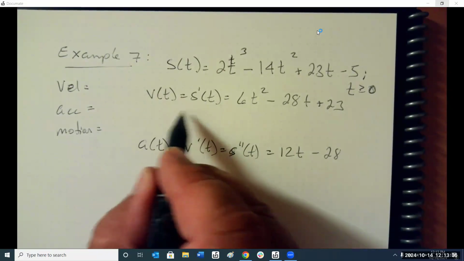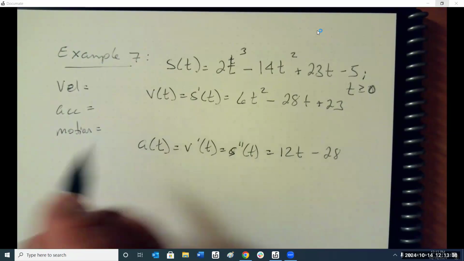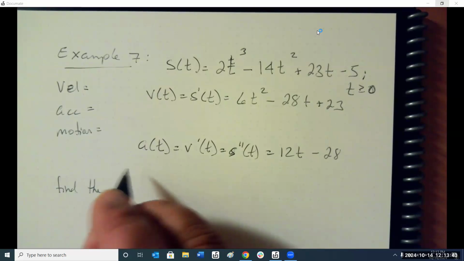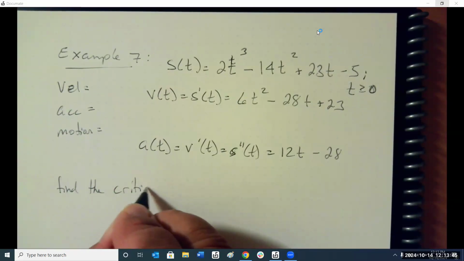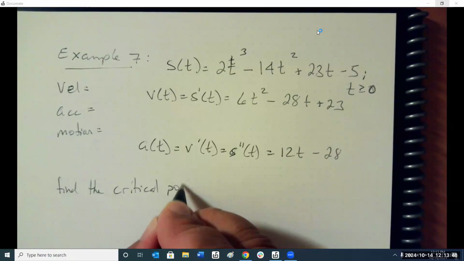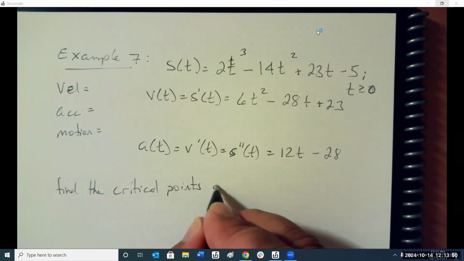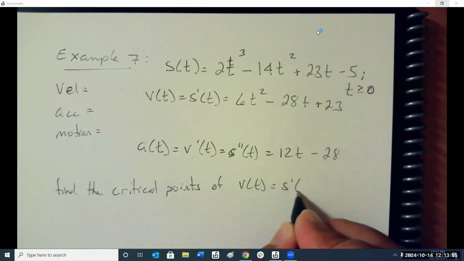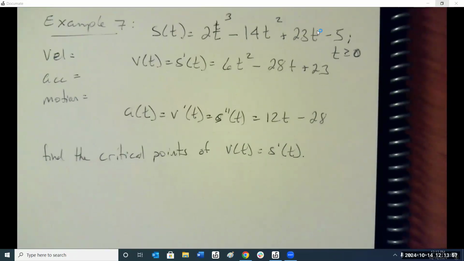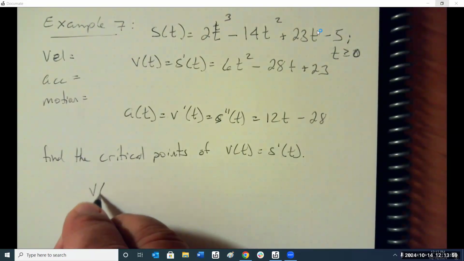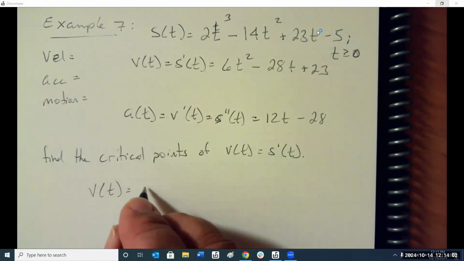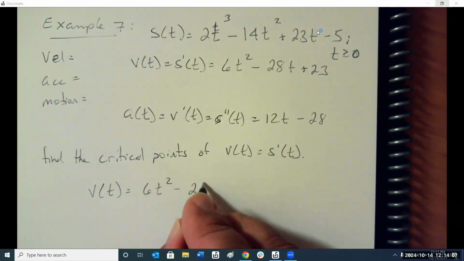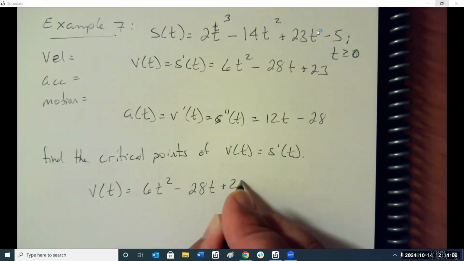All right. So the first derivative, find the critical points of the velocity function, which is the first derivative. So 6t squared minus 28t plus 23.